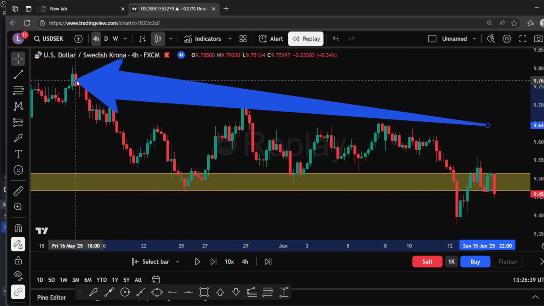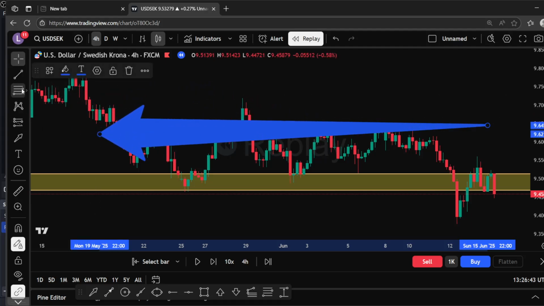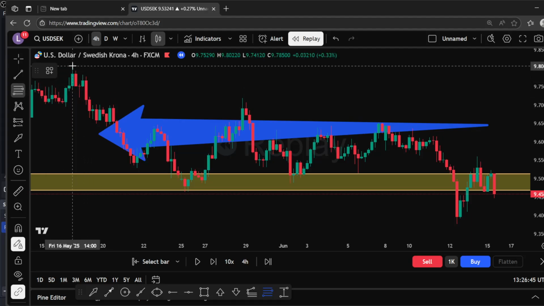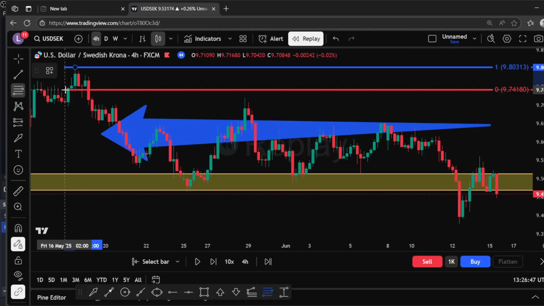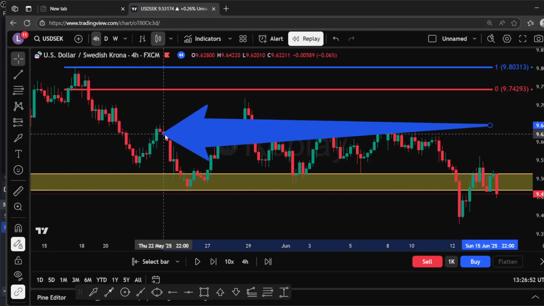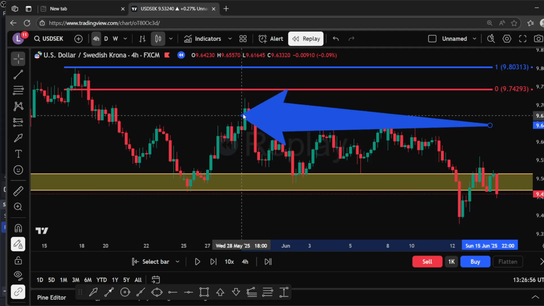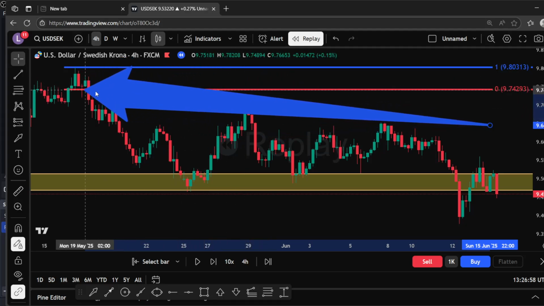So we had this rally here, we had this base here, we had this drop here. So this is a supply zone that I will plot, and then I will wait. If you look at the red line, you can clearly see that this push up here did not touch the red line.